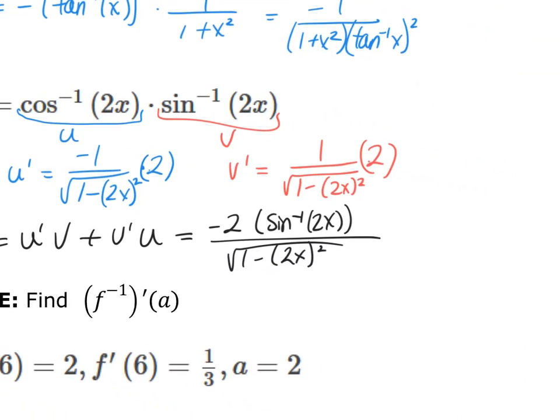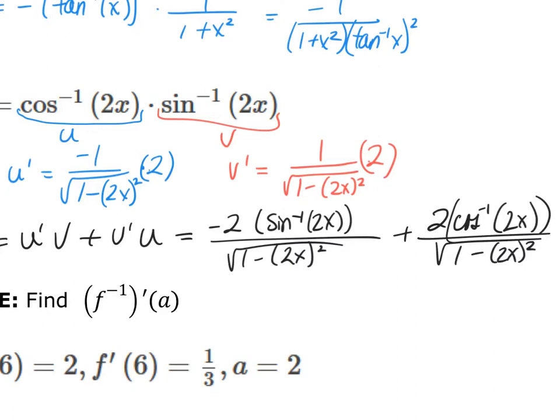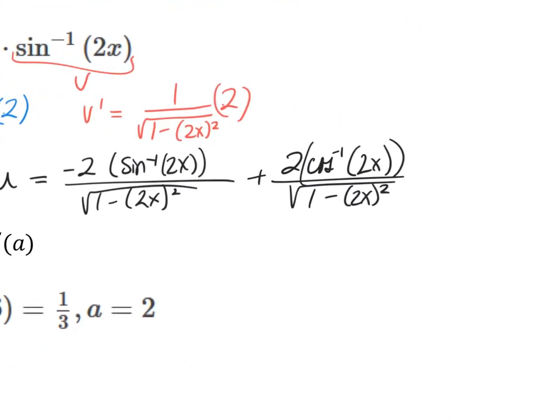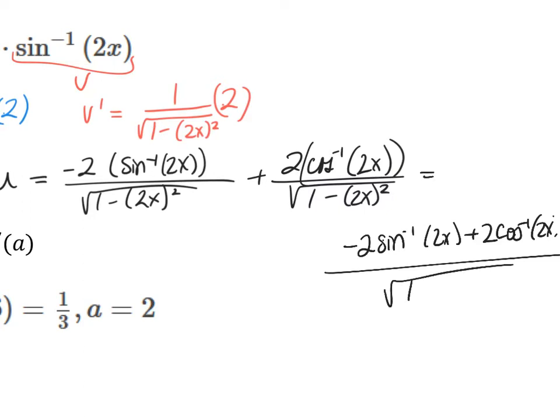And then plus 2 the cosine inverse of 2x all over 1 minus 2x, the quantity squared. Because they have the same denominator, I'm going to put them over the same denominator. So this is going to equal negative 2 sine inverse of 2x plus 2 cosine inverse of 2x, all over the square root of 1 minus 4x squared. And that is my final answer.